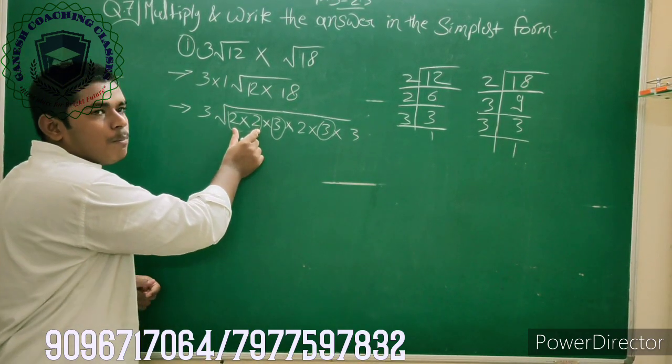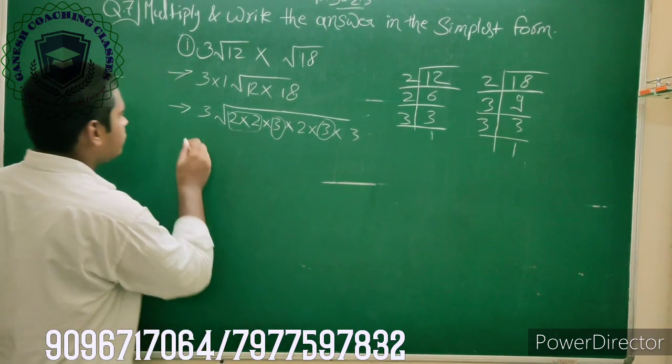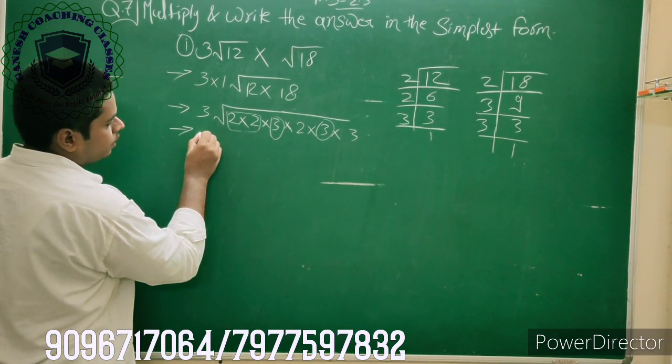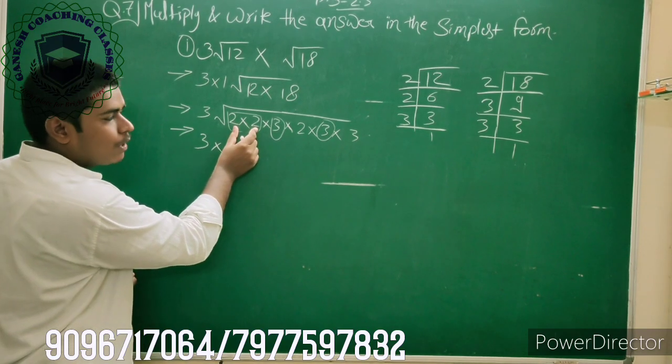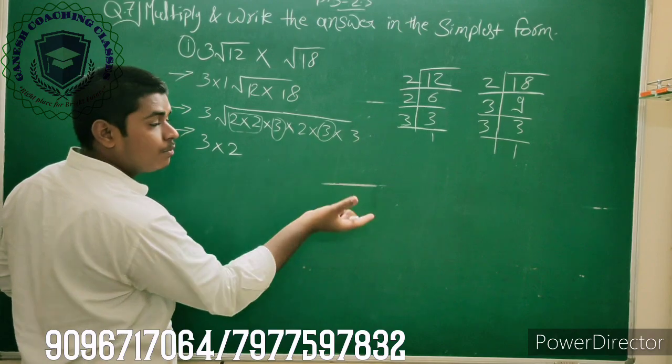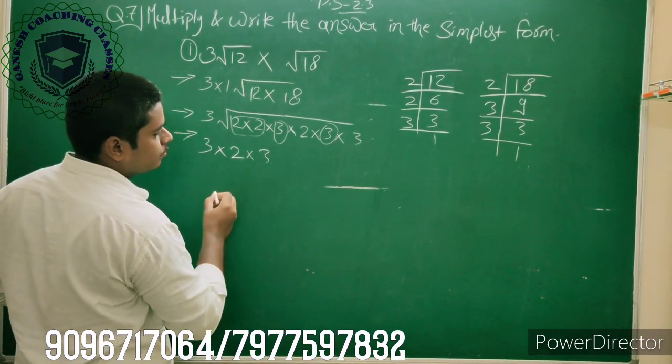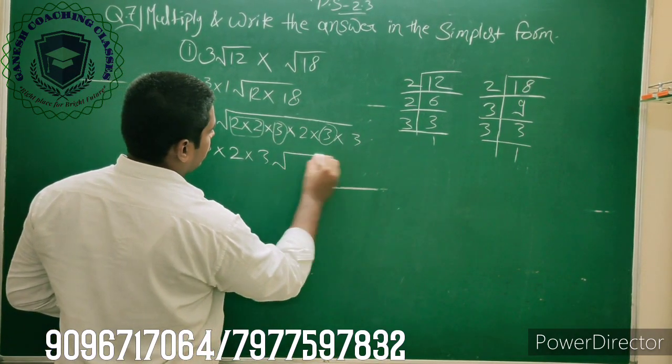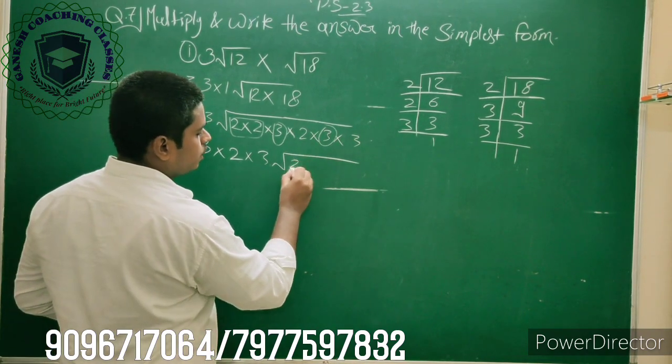Each pair becomes a single number. So 3 into this one pair becomes a single number, 2, and this other pair also becomes a single number, 3. And in the root we get 2 into 3.